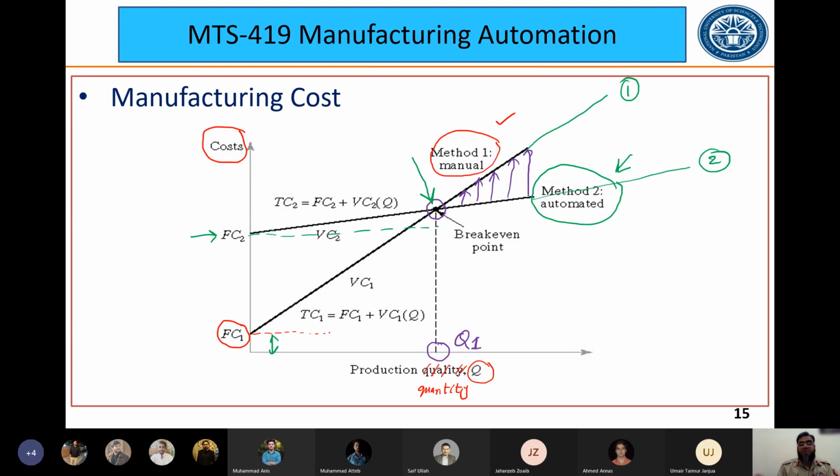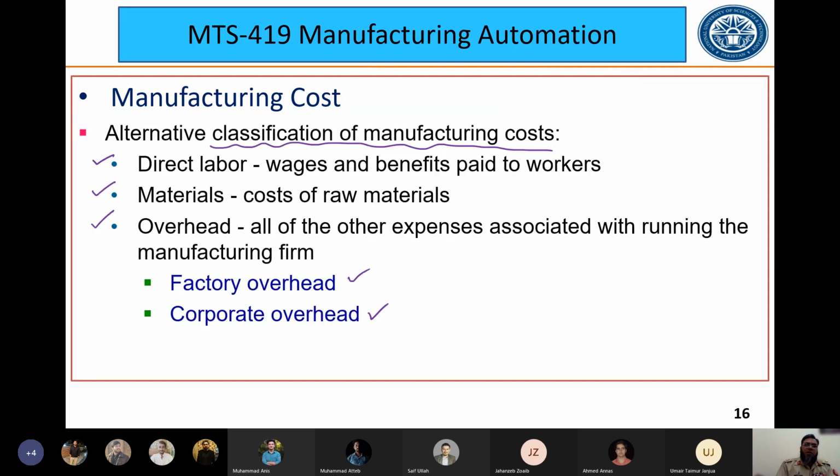So that is why we go for automated machines or automated plants, but for that we need to prepare ourselves to put in an extra or a higher initial fixed cost. So I tried to explain this from here. I hope you have understood all this.